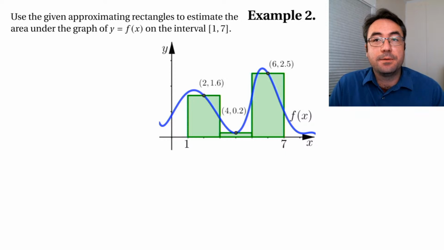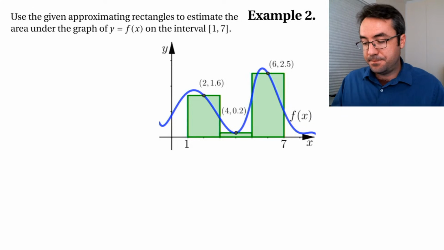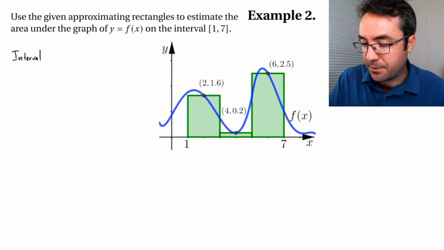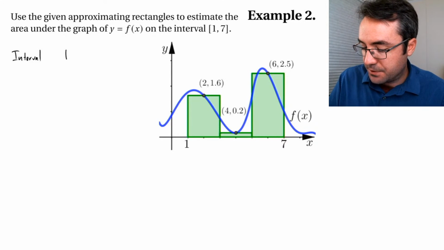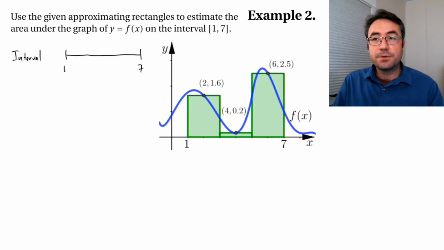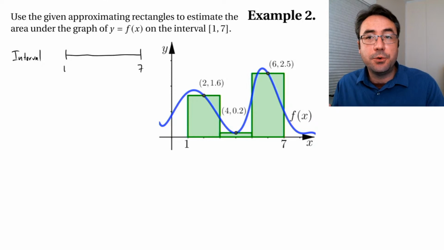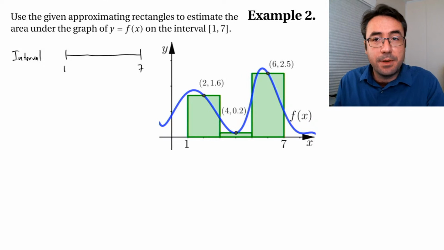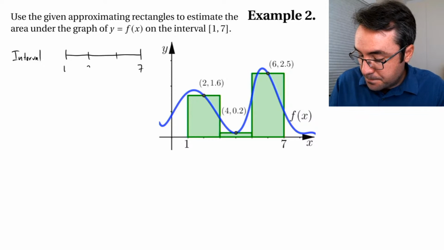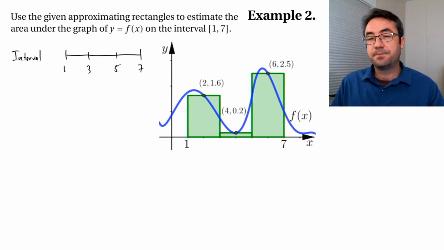You can see by the graph there, we're going to slice up that interval into 3 smaller subintervals. So our interval is from 1 to 7. We're going to break that apart into 3 smaller subintervals of equal width.